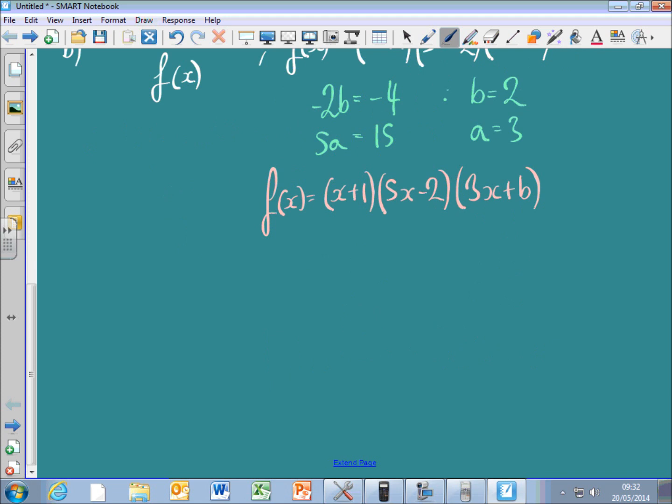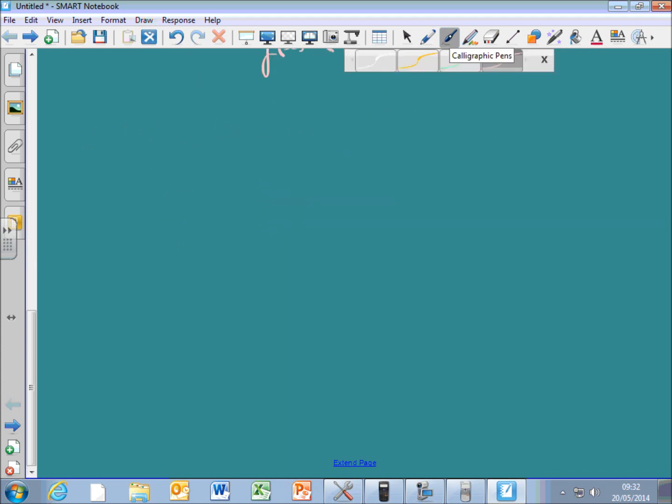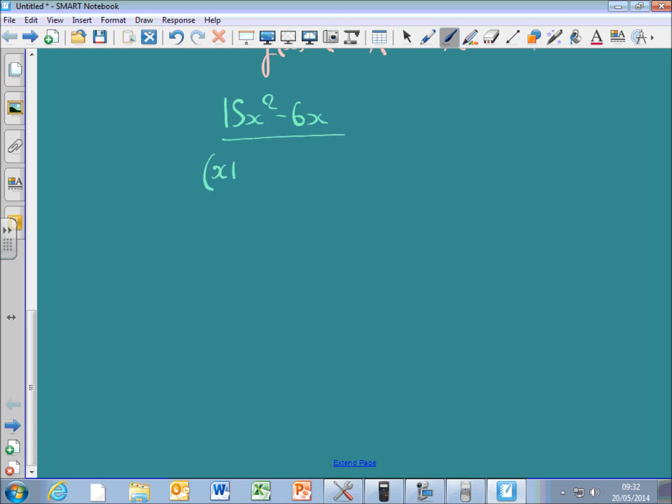Okay, and because I've got it written like that, I can go back to this fraction that I'm trying to simplify, which was 15x squared take away 6x, and it was over f of x, but I'm going to write f of x as x plus 1, 5x take away 2, and then the final factor we just got, 3x plus 2. Okay, and I'm going to factorise the top, the numerator, so I'm looking at it and I can take a factor of 3x out.